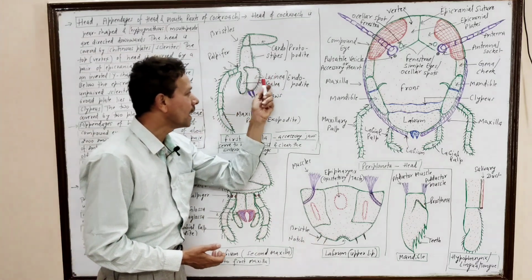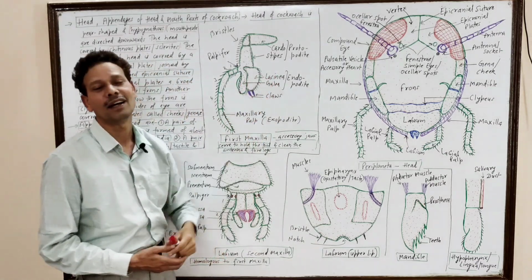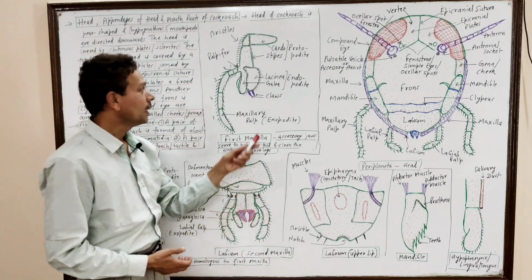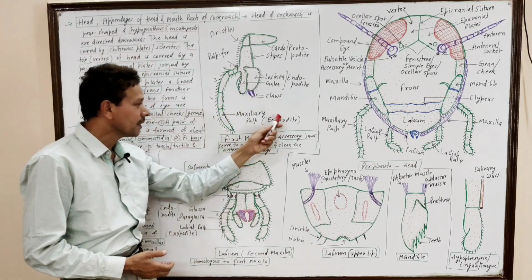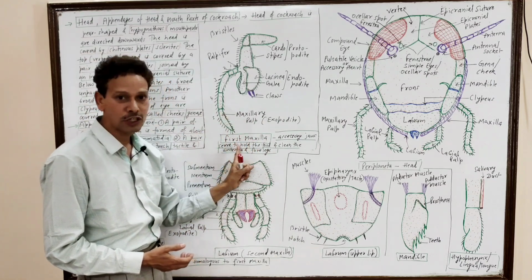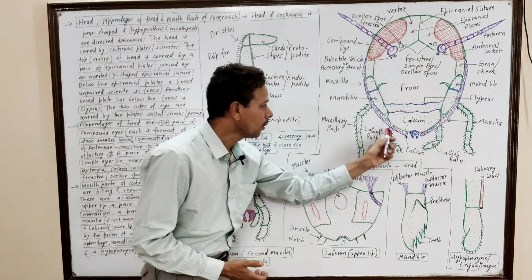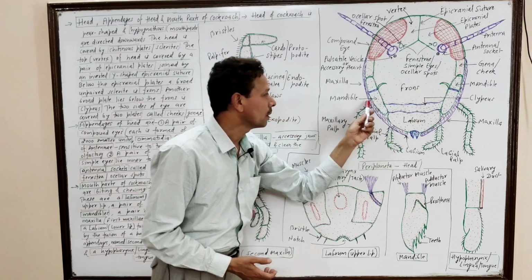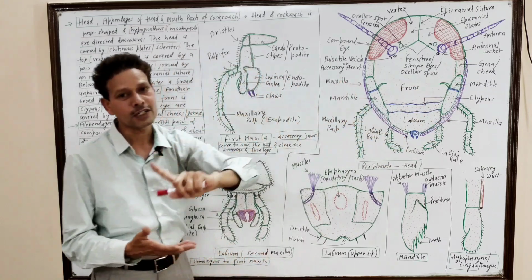These are lacinia and galea. And its third part is exopodite. It means first maxilla are a pair of structures.